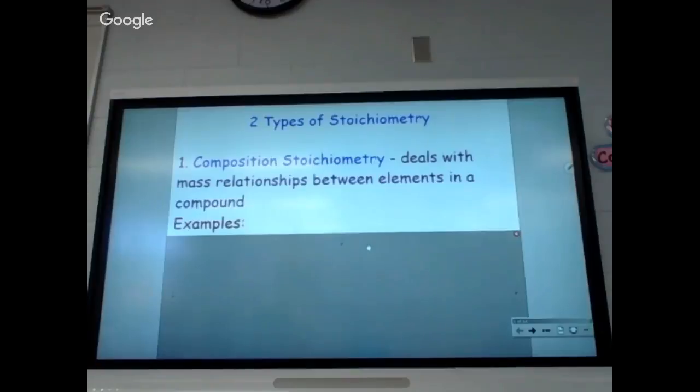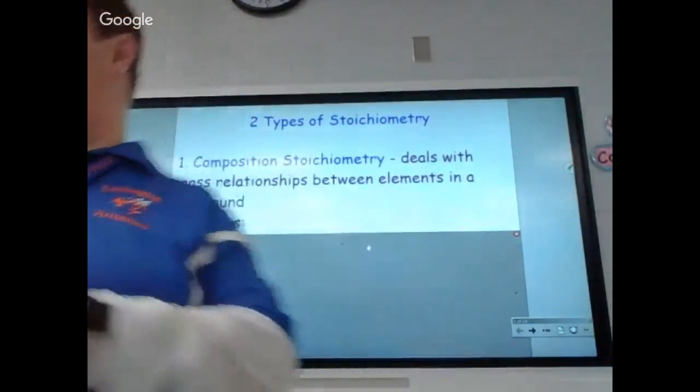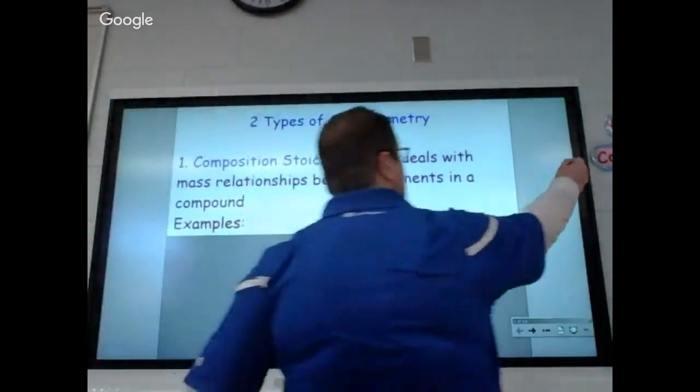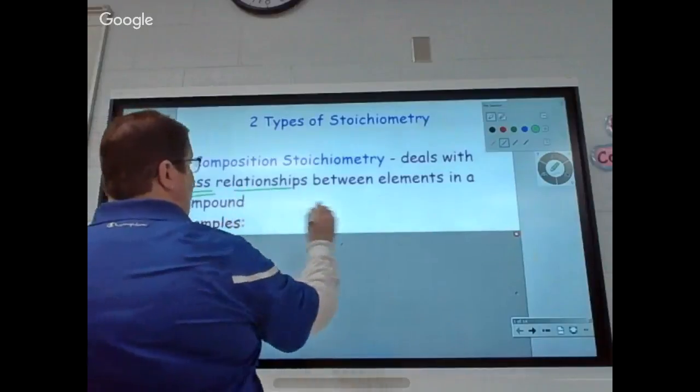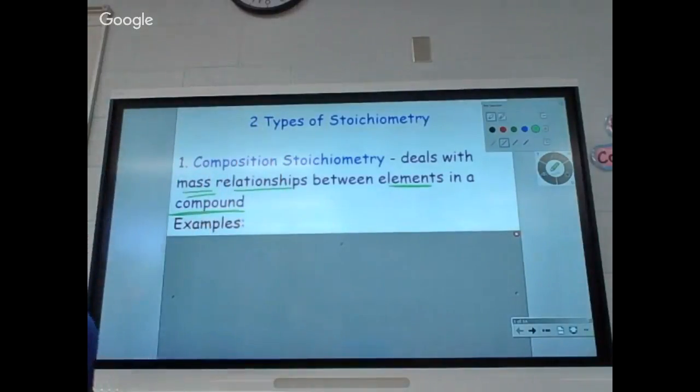So can anybody give me an example of something we've done that deals with mass relationships between elements in a compound? Mass relationships between elements in a compound.